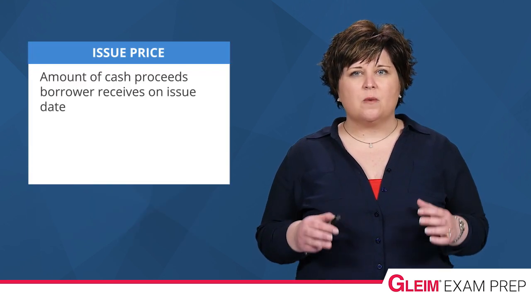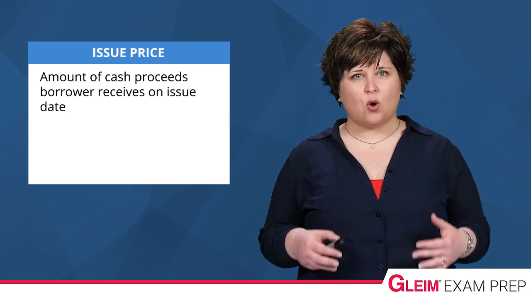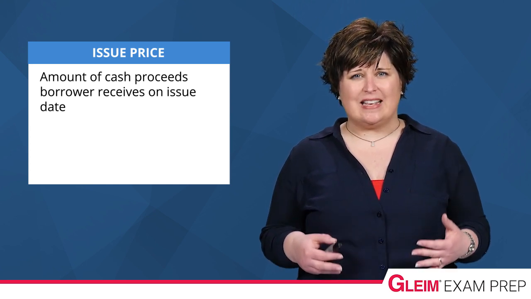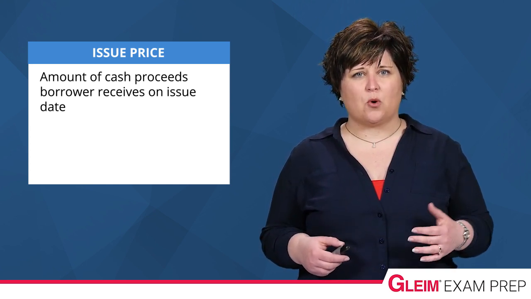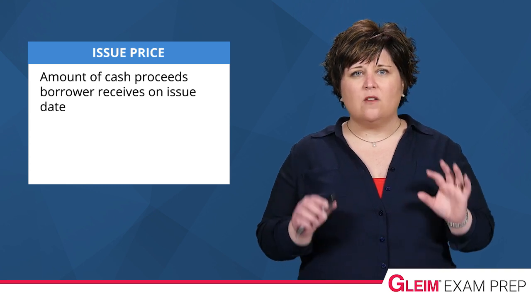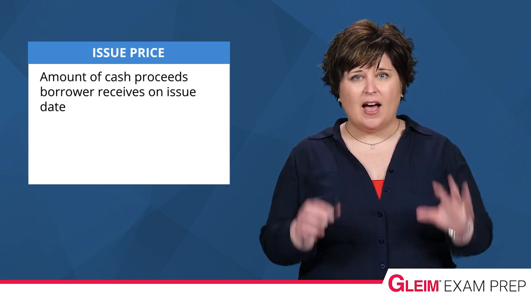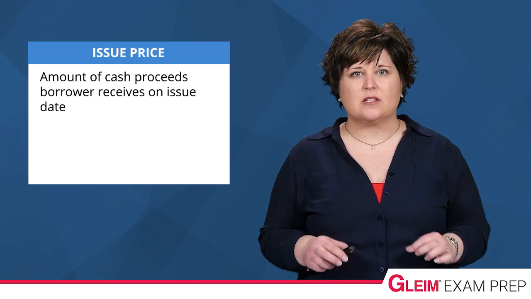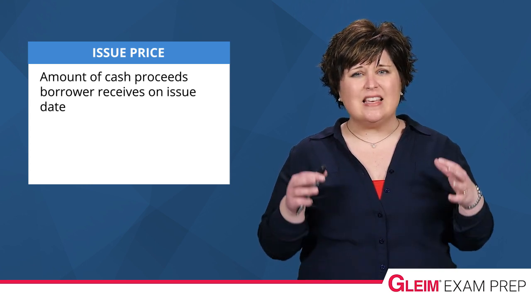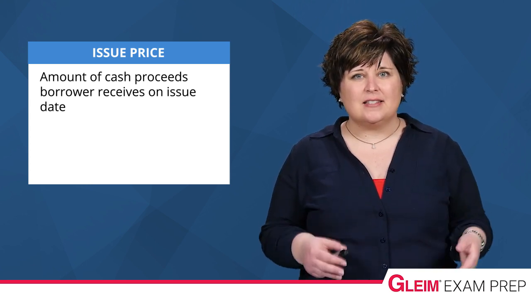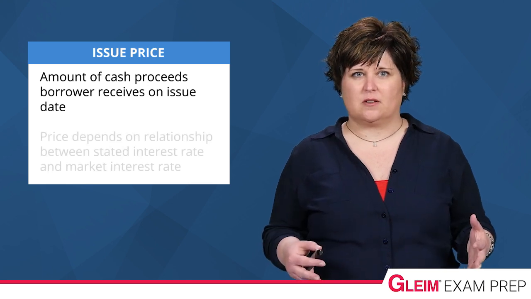When you issue the bond, the amount of cash proceeds the borrower receives is called the issue price. One very confusing concept that you have to understand the basics for bonds is that the issue price is not necessarily the face amount.